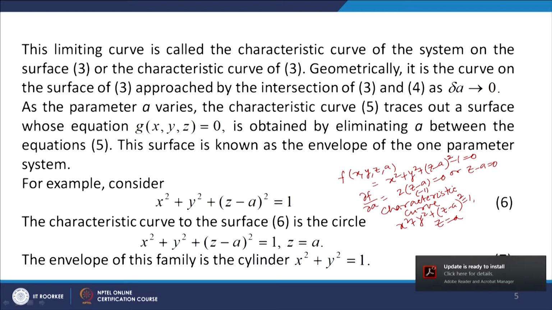eliminate the parameter a between the equations f(x, y, z, a) equal to 0 and the partial derivative of f with respect to a equal to 0. So, the partial derivative of f with respect to a is z minus a equal to 0. So, z is equal to a.